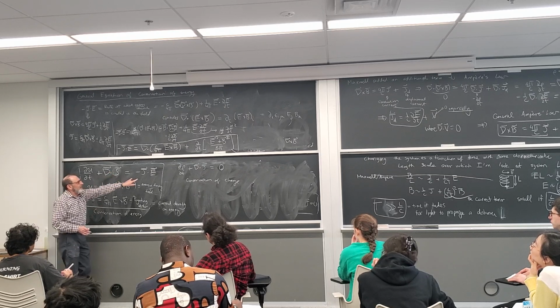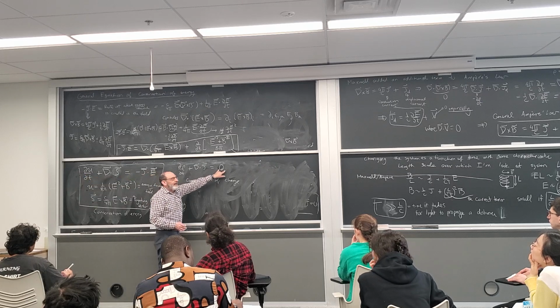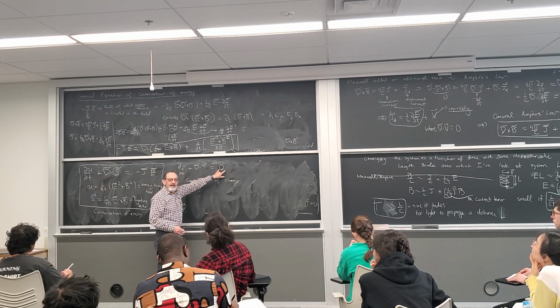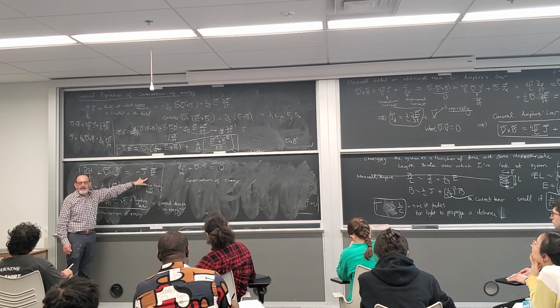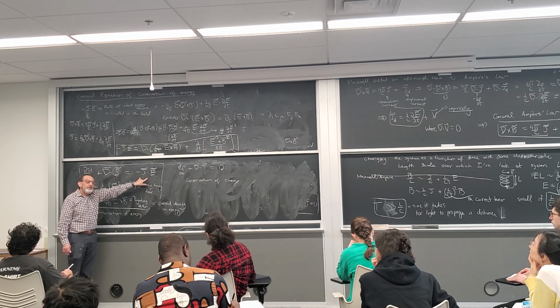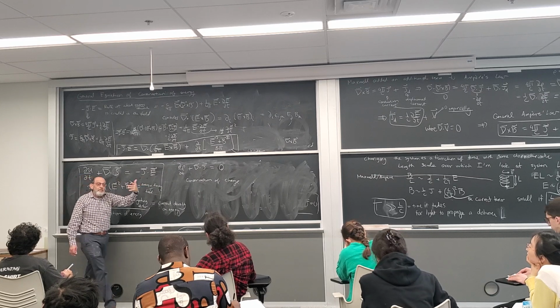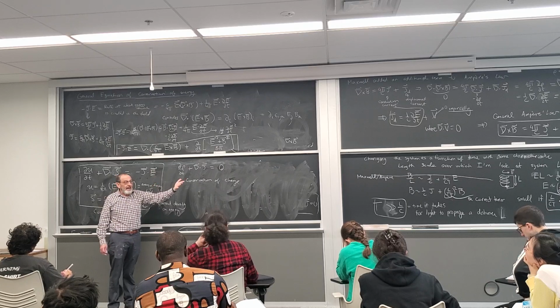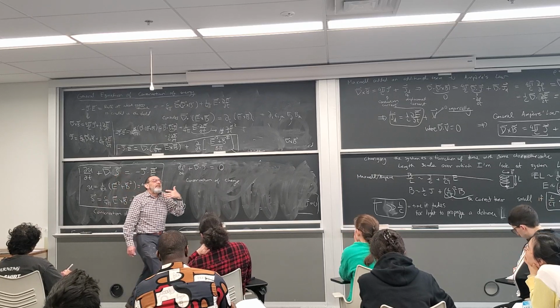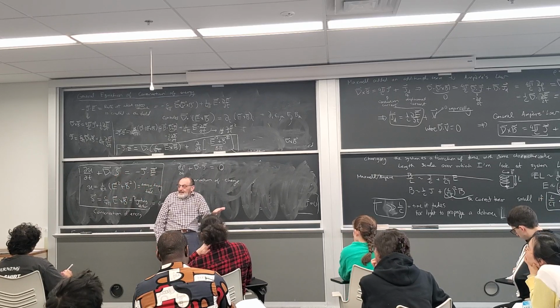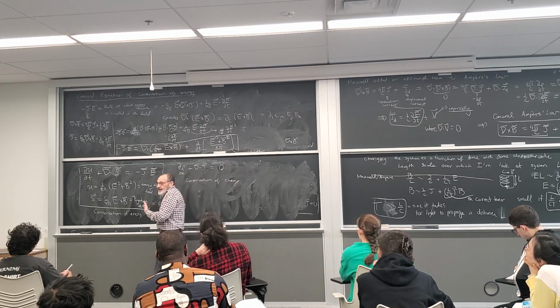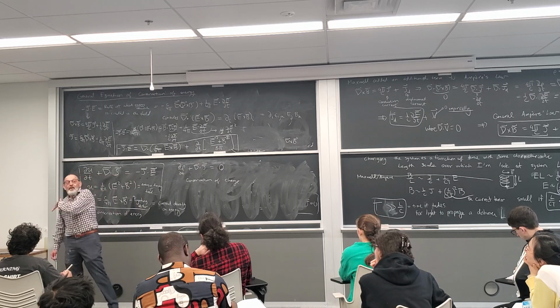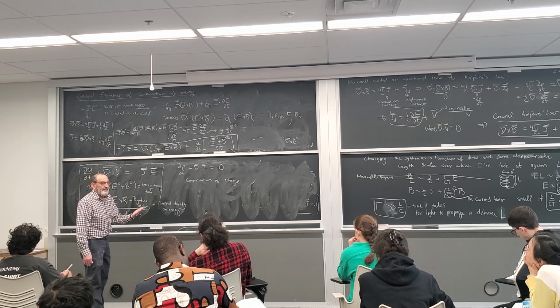Why is this zero on the left, but it's not zero on the right-hand side? Because there's a source. Electromagnetic energy can be created or destroyed. The total energy is conserved, but the electromagnetic energy can be converted into mechanical energy.